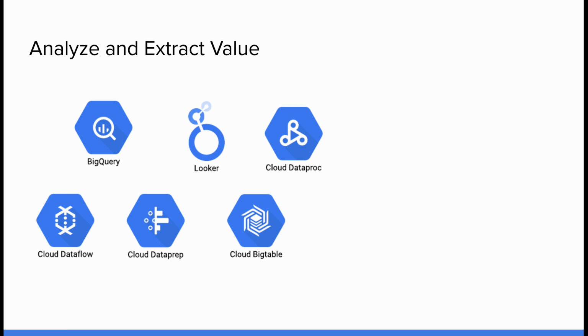Bigtable, which appeared in the store stage as well, is also valuable for analytics in scenarios requiring high throughput, especially low latency and time series applications. Then Vertex AI comes into play in the analyze phase by allowing data teams to apply machine learning models to the data.